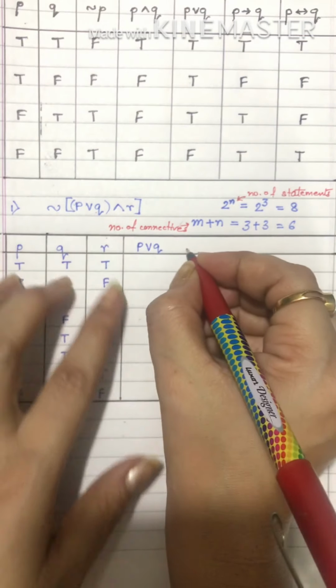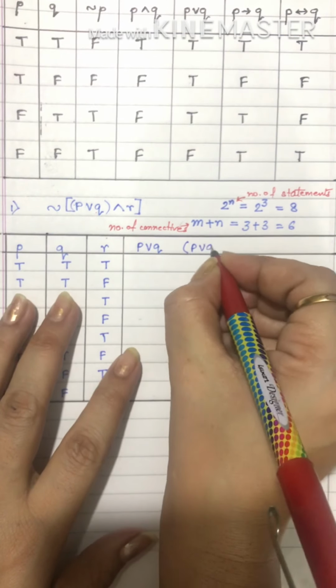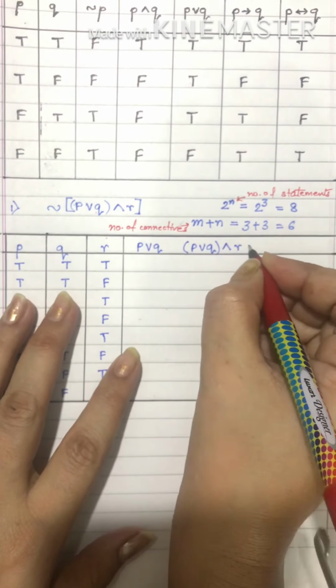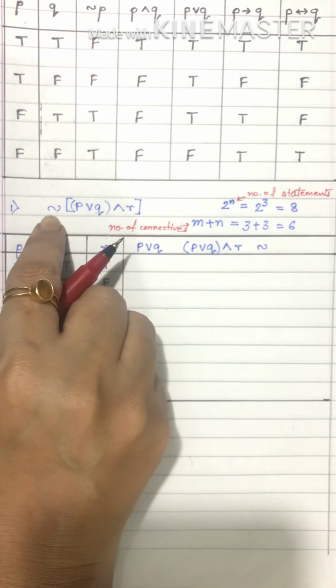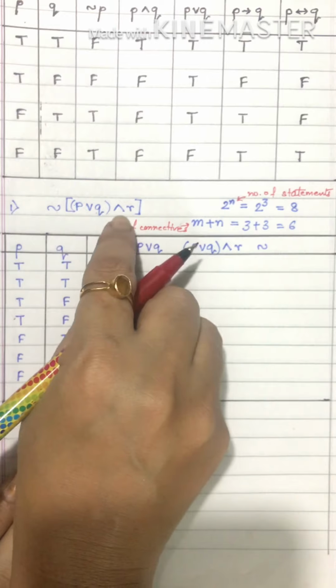So I will take the next column as (P or Q) and R. Okay, this would be my next column. And then the last one, negation. Once I get the answer of this, then I just have to find the negation of the whole thing which is asked.